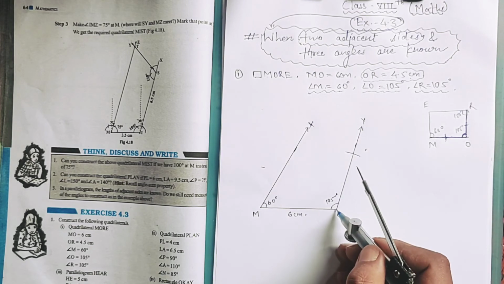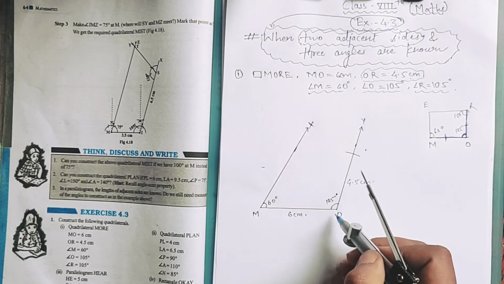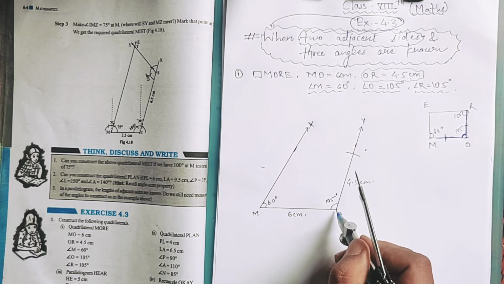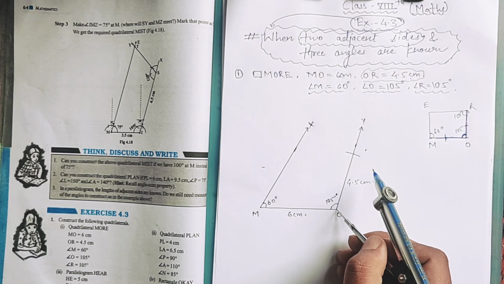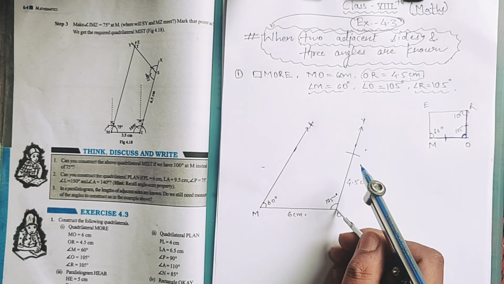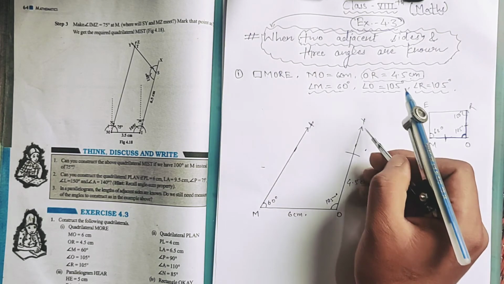So we cut an arc of 4.5 centimeter on OY from point O. Listen carefully again. We took a measurement of 4.5 centimeter and placed our compass pointer at point O and took an arc of 4.5 centimeter on ray OY.